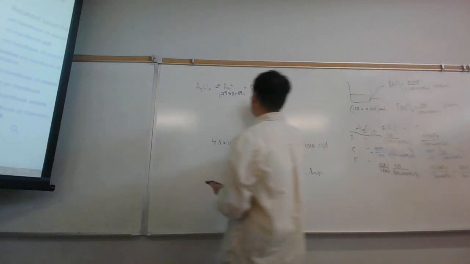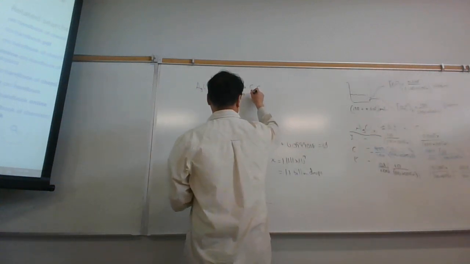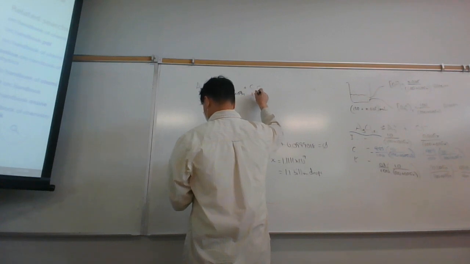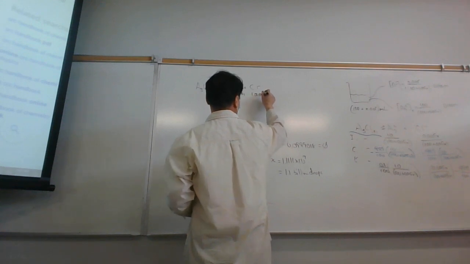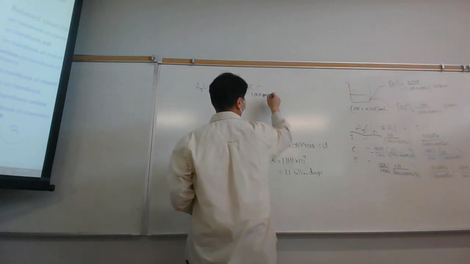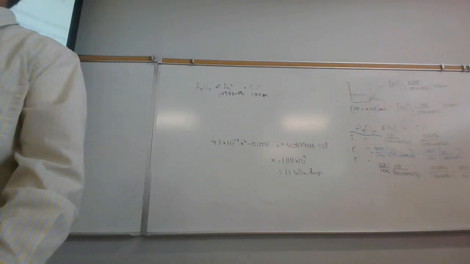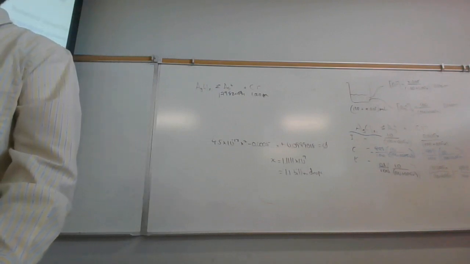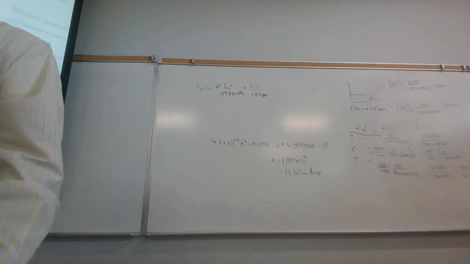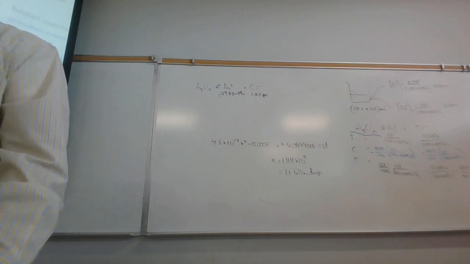Okay, the chloride I get as, what did you get? One molar. Is that what you got? No, I think I did it wrong. I had to have done it wrong because we're adding 0.1 molar.